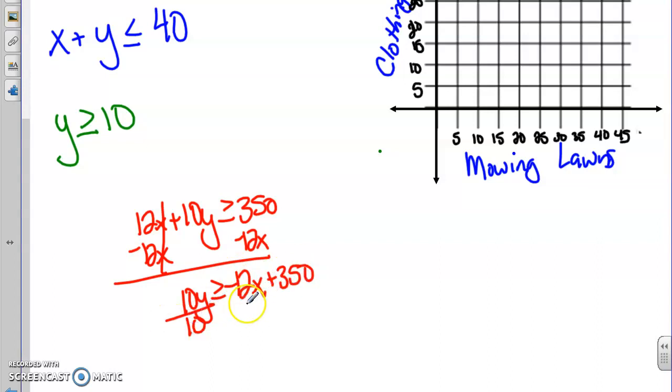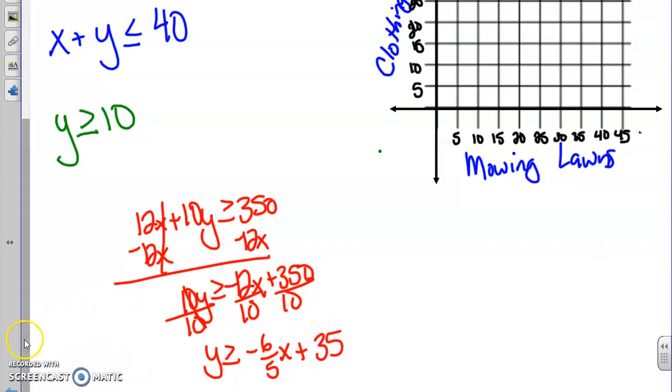Okay, and then divide everybody by 10. When you divide 12 by 10, it's going to be a pretty ugly number, so instead we leave the fraction, but you can simplify 12 over 10. That turns into negative 6/5. And then 350 divided by 10 is going to give me 35. All right, so now we can graph this.